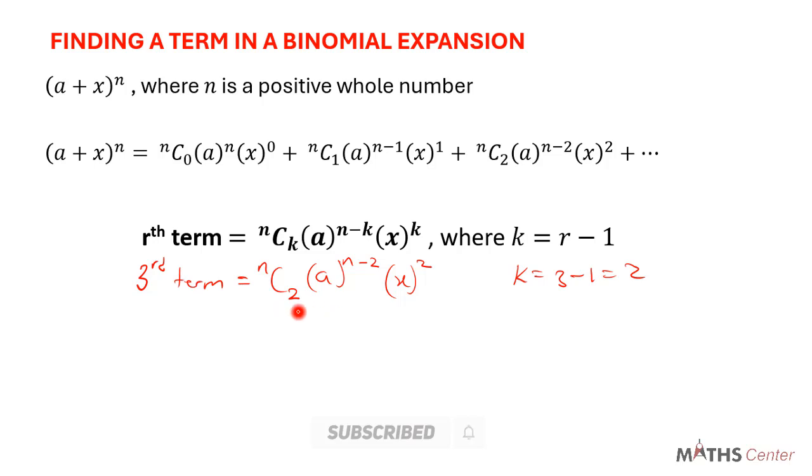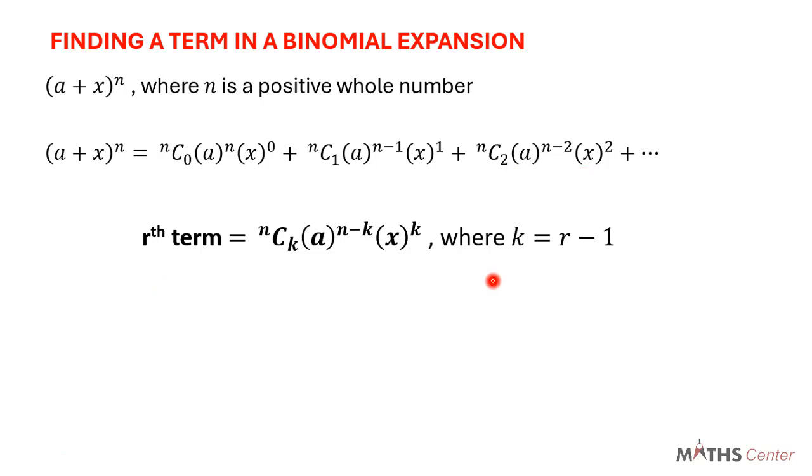So you can see this is the third term in the binomial expansion. So anytime you want to find a particular term in the binomial expansion, we can use this formula. Let's use this to solve some questions.